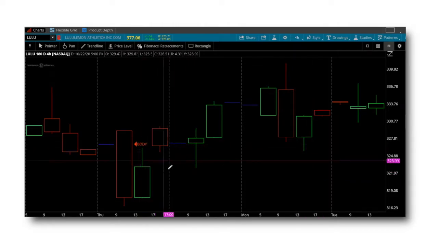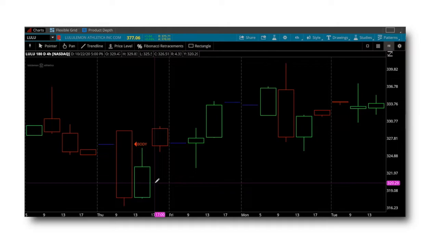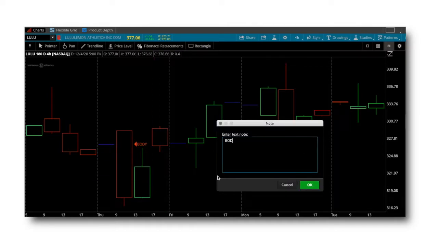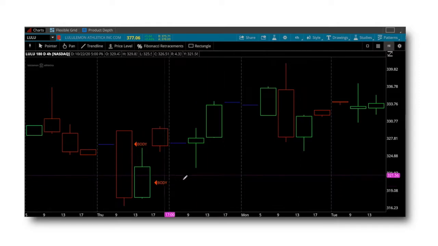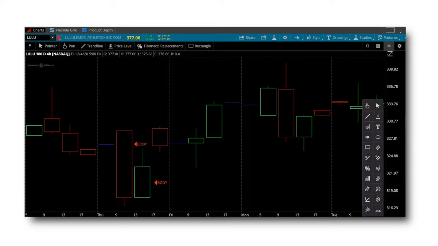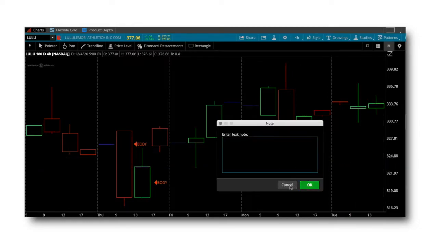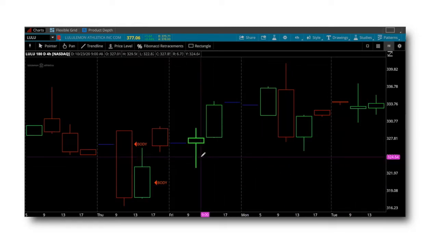So this is the body. For this green candle, this is the body, right? And then we have also what's called a wick.